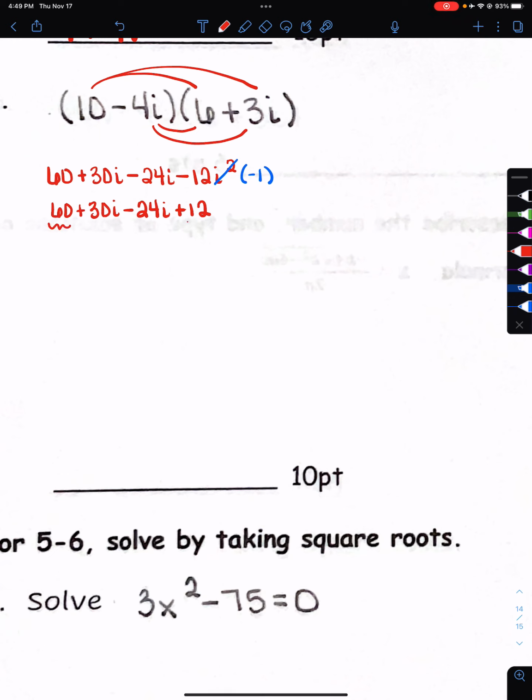So 60 plus 12, that gives me 72. Then I will combine my imaginary parts here, which is 30i minus 24i, and that gives me positive 6i. 72 and 6i, they are not the same because one's real, one's imaginary. So there's my answer.